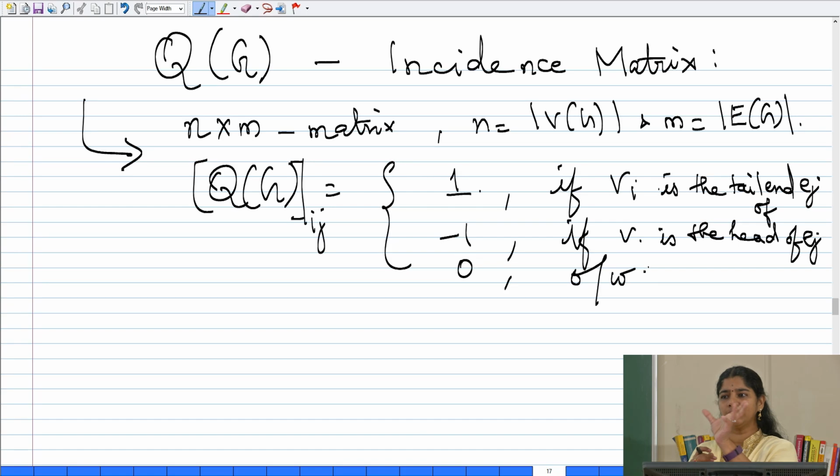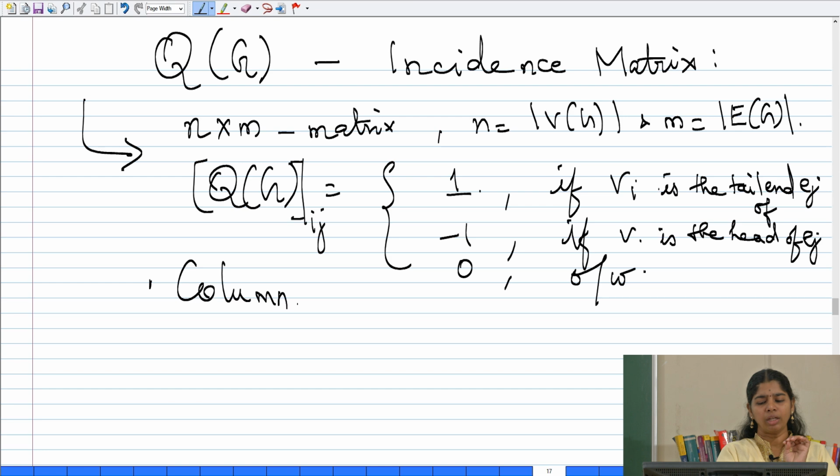If you add all the ones going out of i, it will give you the out degree. If you count the number of minus ones, it would give you the in degree. But our idea is we want to capture the column sum being 0.